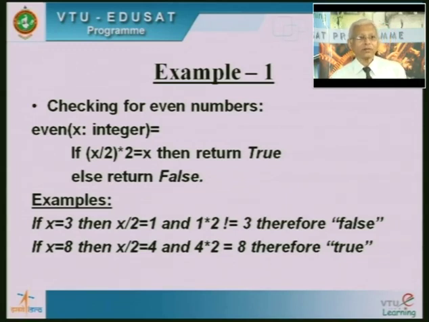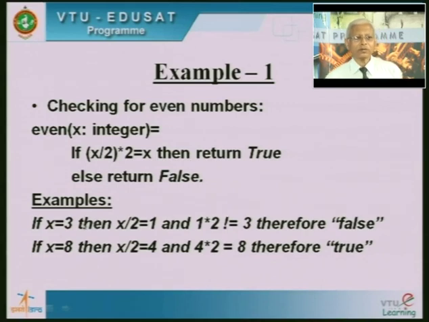So, for example, checking whether x is even. Given numbers like 2, 3 and so on, which is even, which is odd. If x by 2, that is integer division, and you take this as integer division, then multiplied by 2, if it is equal to x, then it returns true, else it returns false.